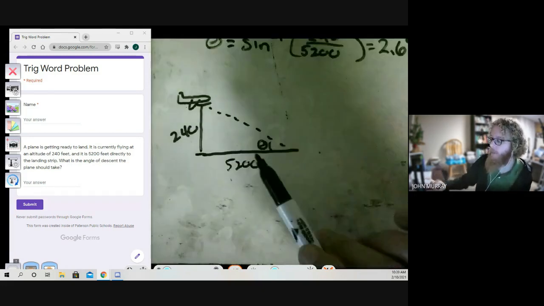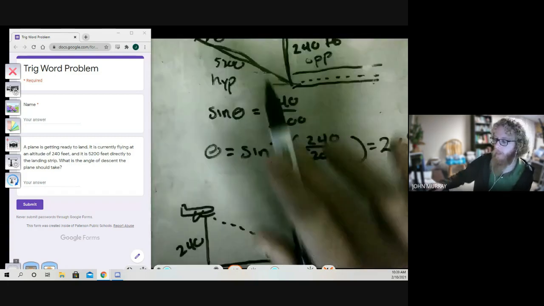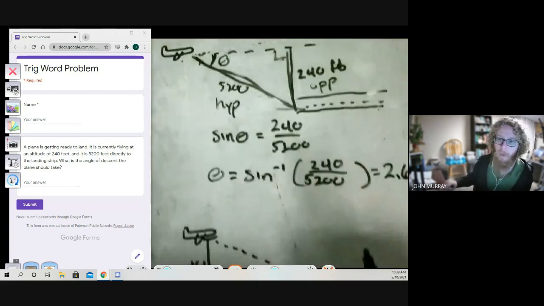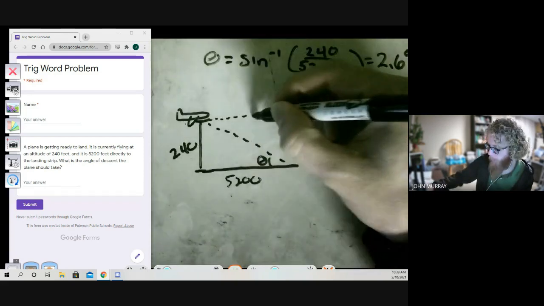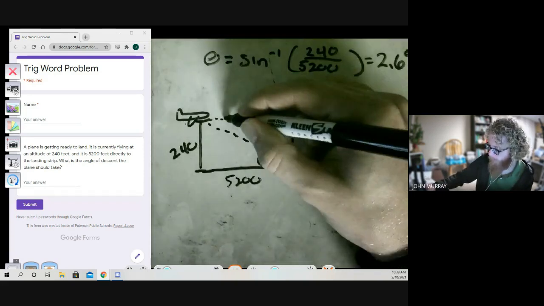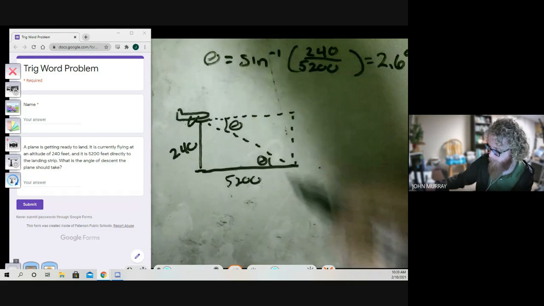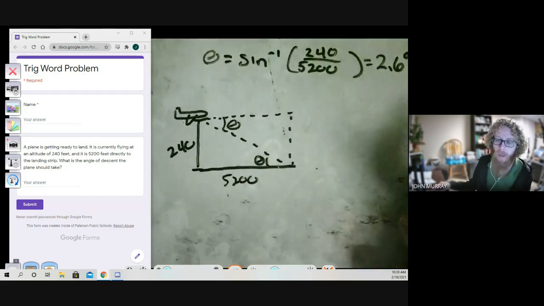Okay, but again, no matter what our situation is, that's the angle that we're talking about, or this angle up here. Right, those are equal angles.